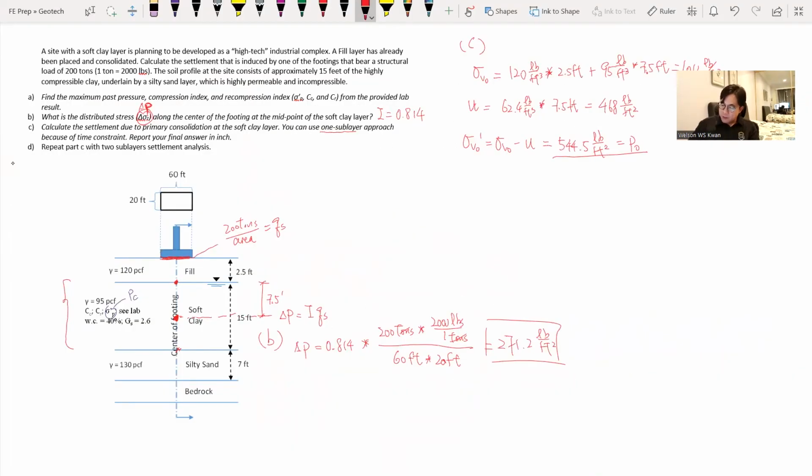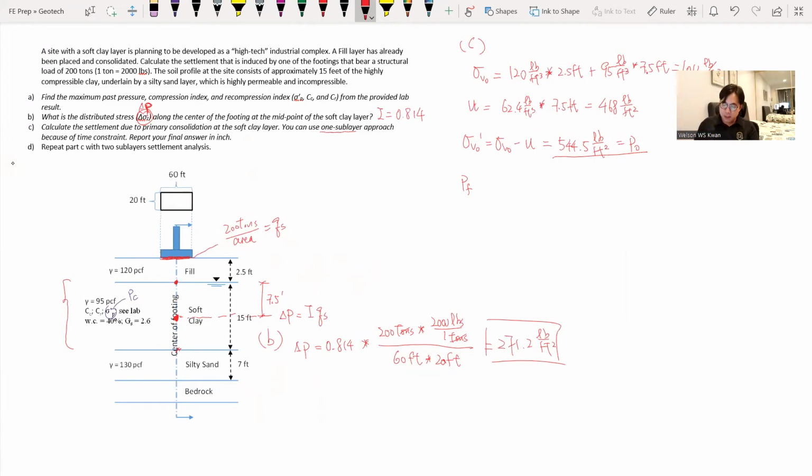And we know our final stress because of the loading that we got from the foundations. We calculated this in part B, the distributed stress at the point of interest. For settlement analysis, we always need to be very careful which point is our point of interest.